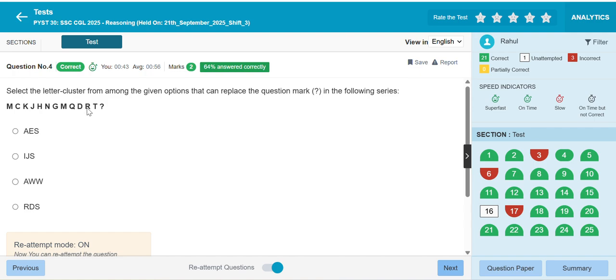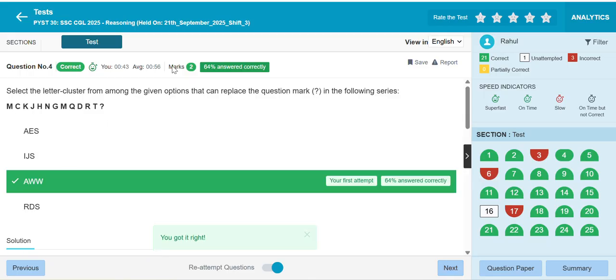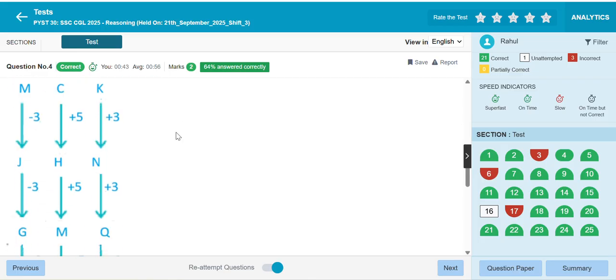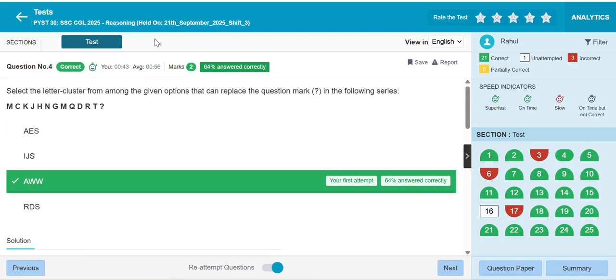After R, four letters are S, T, U, V, so W will follow. So this is the first. This is how it's done. Let's move on to the next question.